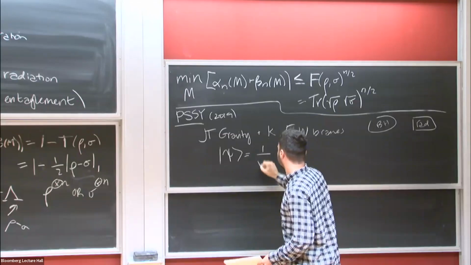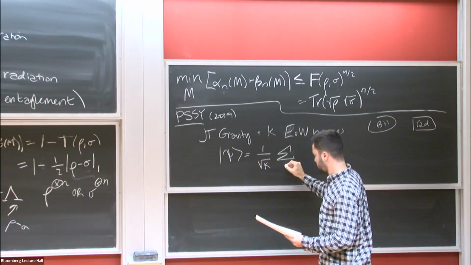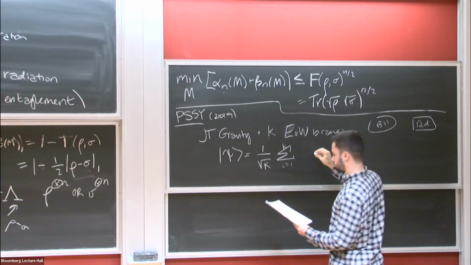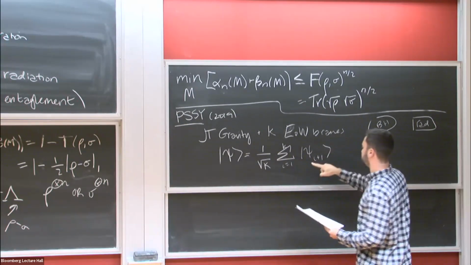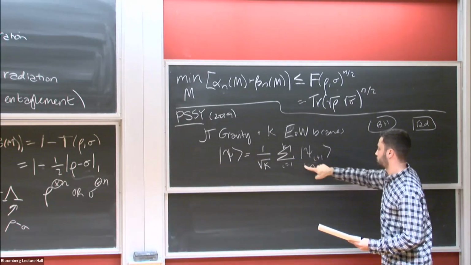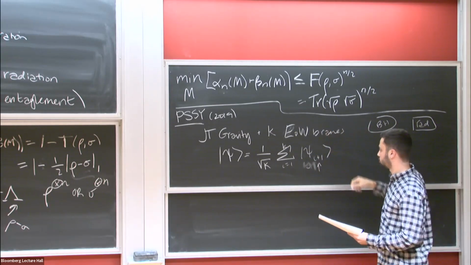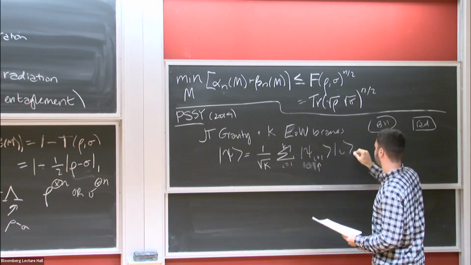So the state that they wrote down looks like this kind of maximally entangled state between flavors. This is a certain flavor of the brane in the black hole, entangled with states of the radiation.